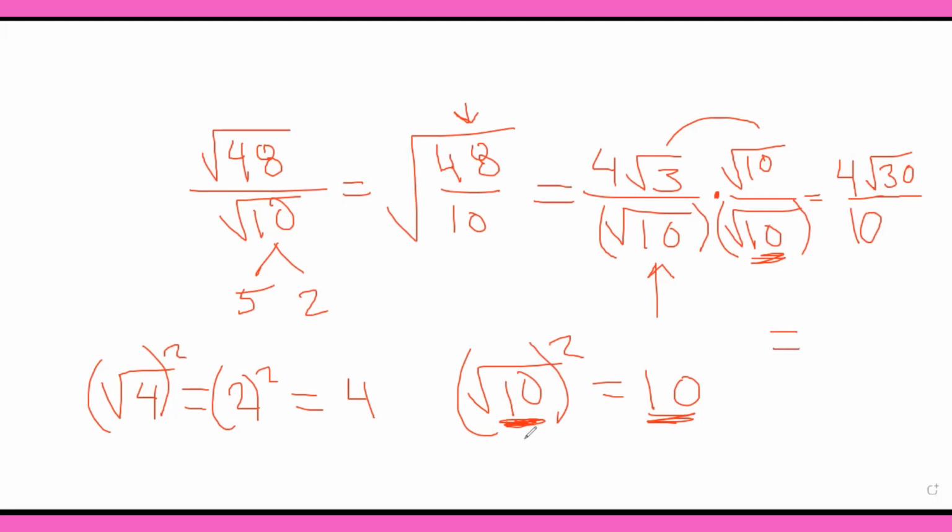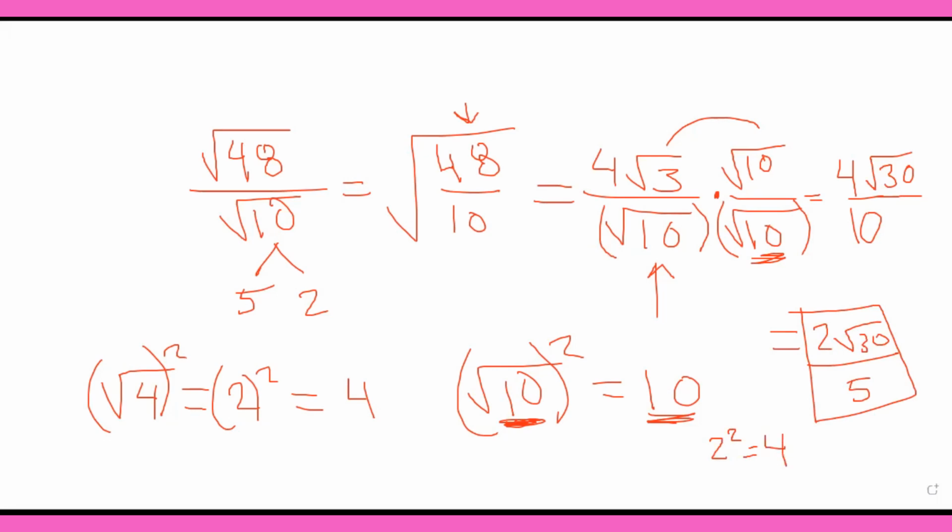4 over 10 does reduce. We can reduce those by 2. That would be 2 square root of 30 over 5. And that would be our nicely reduced radical. Yeah, because 30, right, we can't take any perfect squares out. 4, 9, 16, no. So that's always a good check too, is to check those perfect squares and try to think about my lowest perfect square is a 4.